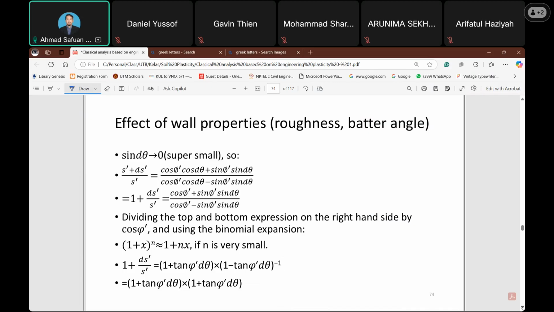Then using the binomial expansions, okay, 1 plus x power n approximately equal to 1 plus nx, if x is very small. Okay, 1 plus ds over s equal to 1 plus tangent phi d theta times 1 minus tangent phi d theta power -1.